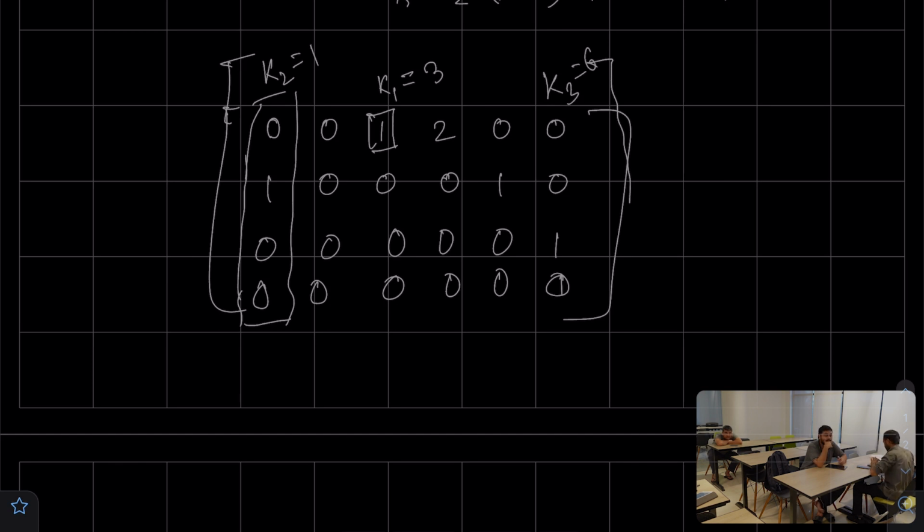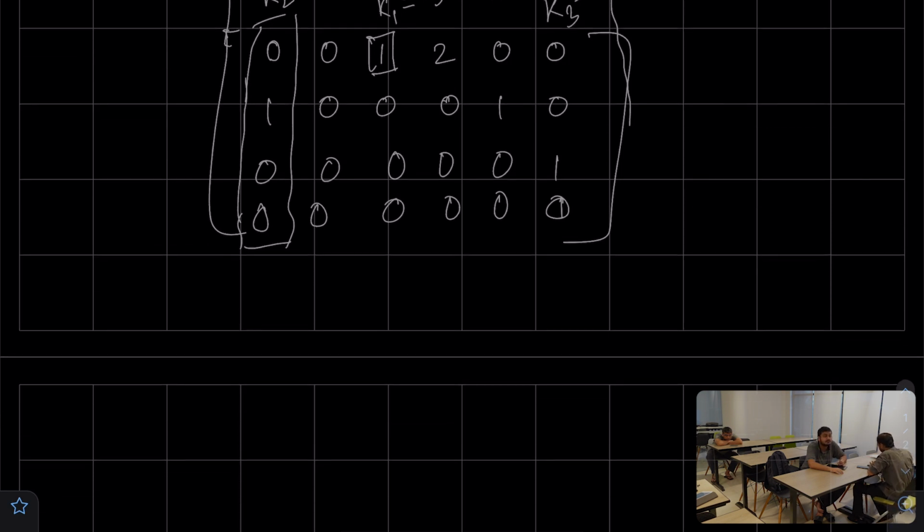Now tell us, if K1 is less than K2 is less than K3, does that hold here? That does not hold. So it is not a row reduced echelon matrix, right?